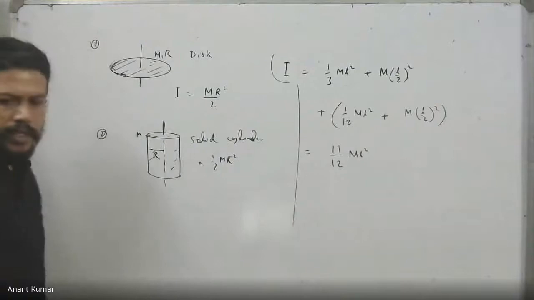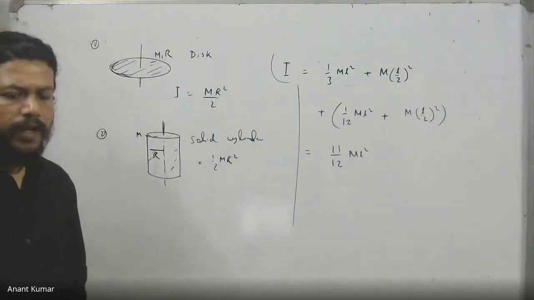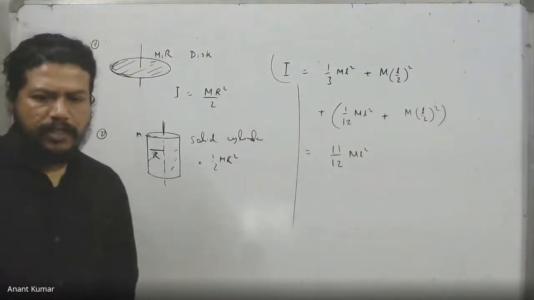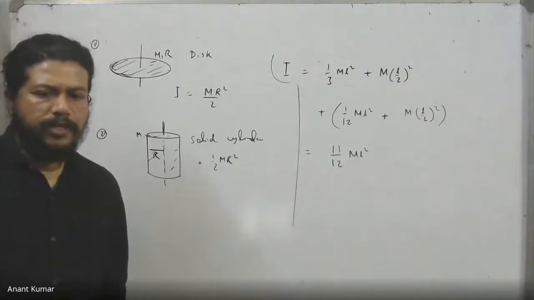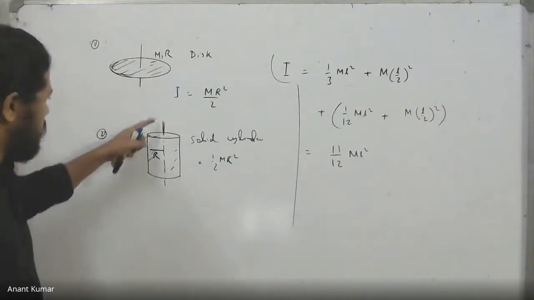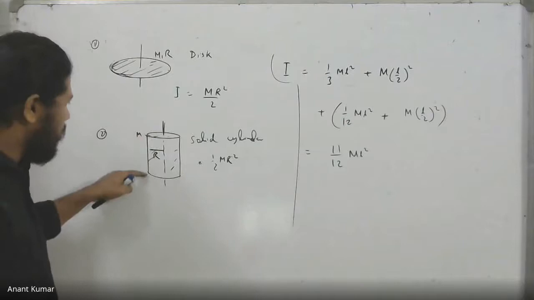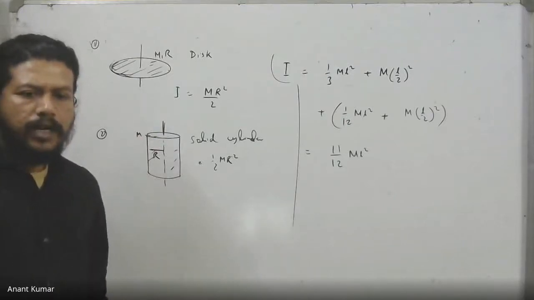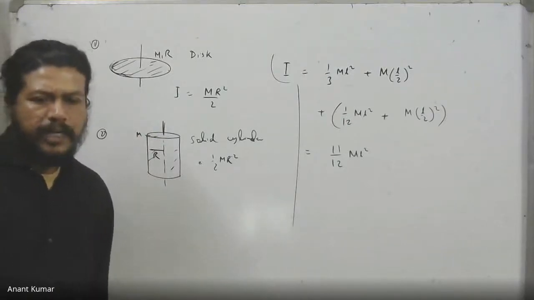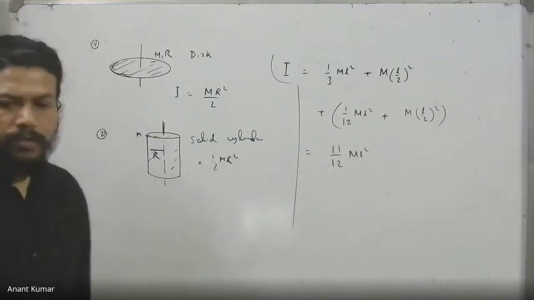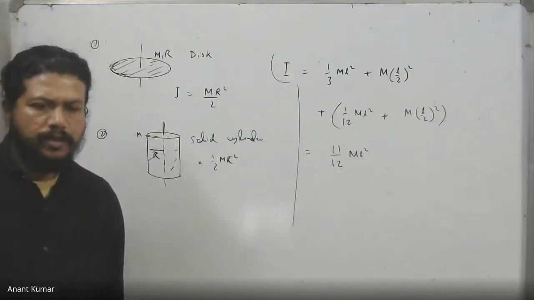It is pretty much the same as that of a disk. In fact, any dimension that is parallel to the axis does not appear in the picture. If I take this axis, the dimension parallel to the axis, the length of the cylinder, will not appear in the answer for the moment of inertia. That's always correct.